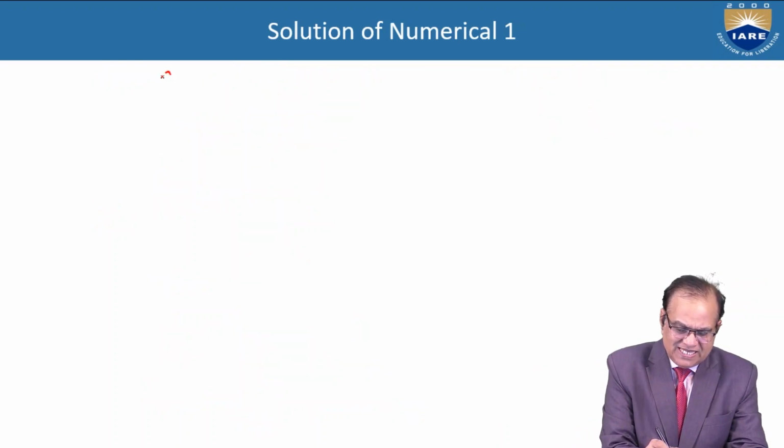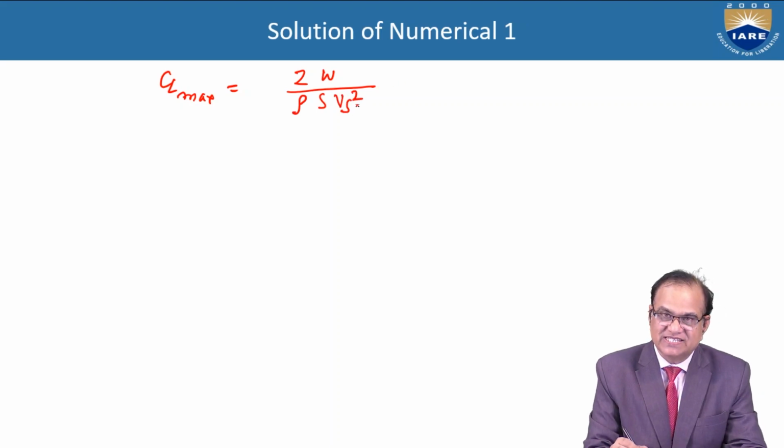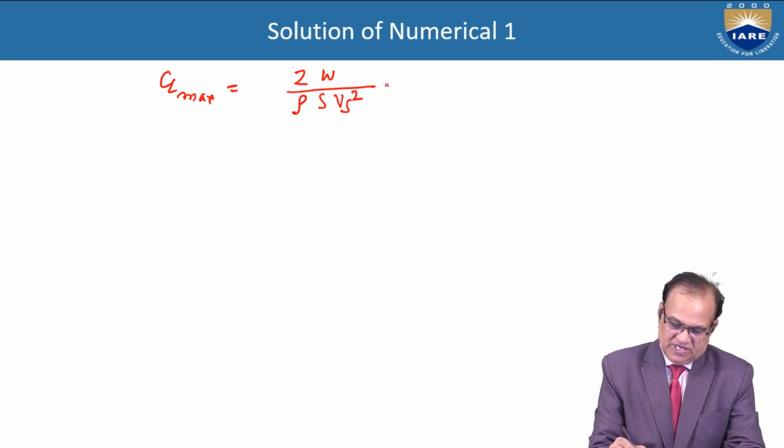Now we have to find out the maximum lift coefficient. So CL max is equal to 2W divided by rho S Vs square, where Vs is the stall speed.